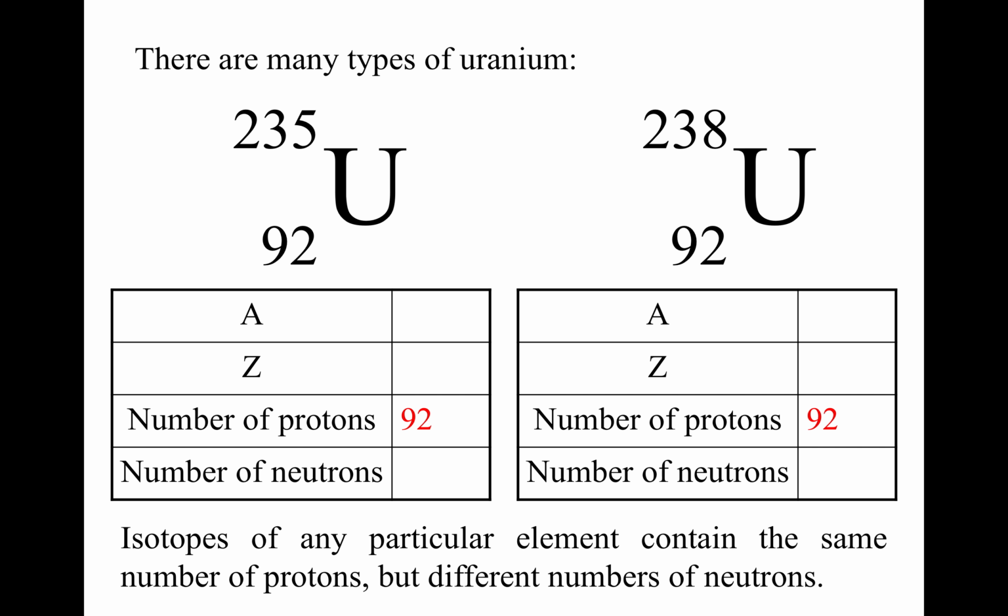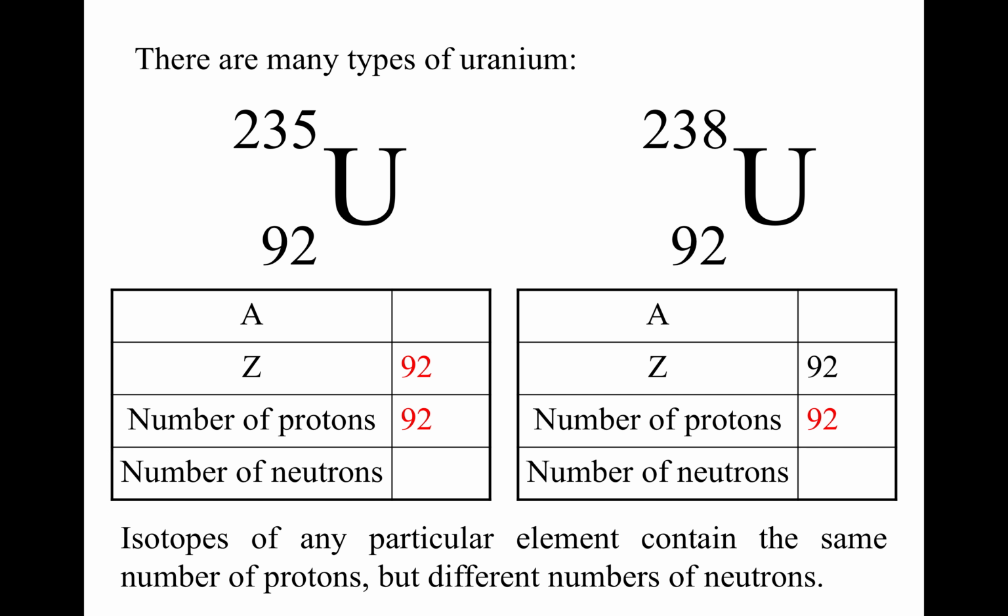And if you remember from the previous slide, we looked at that A and Z version of isotope writing. We know that Z also equals the number of protons, so we can fill that in as well. Okay, so we have Z filled in.